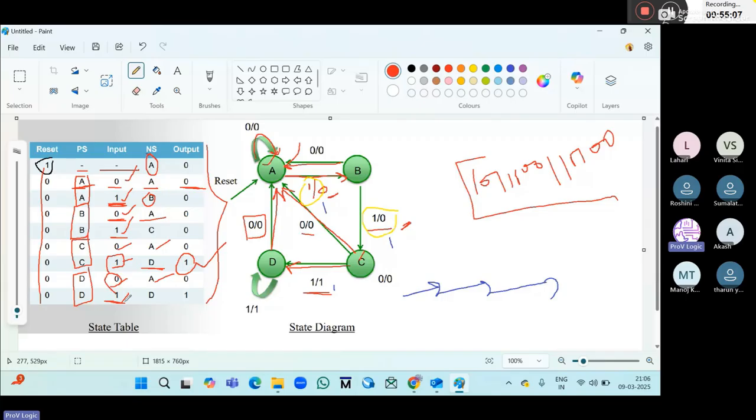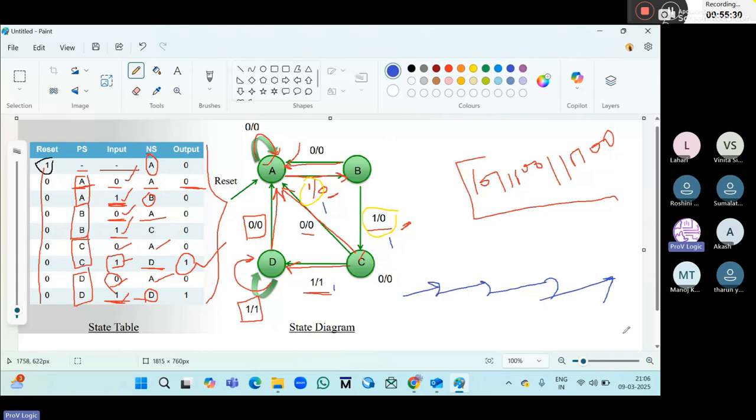With input value 1, it will stay in D only. Why? Because it has already passed the 0 to here, and D will be 1 by 1. Here also it is detecting 1, 1, 4 ones. Now at the fourth one also we got output as 1.